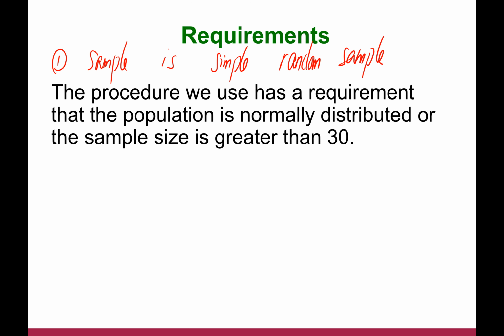The second one is that either the population is normally distributed or the sample size is greater than 30. Okay.